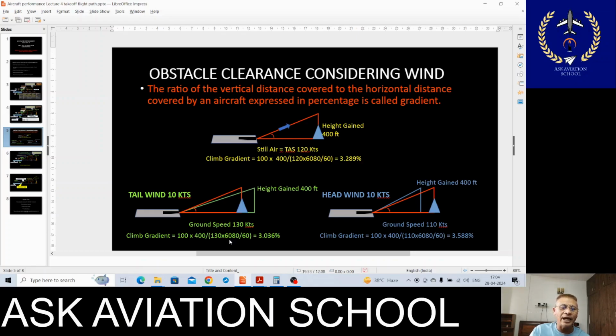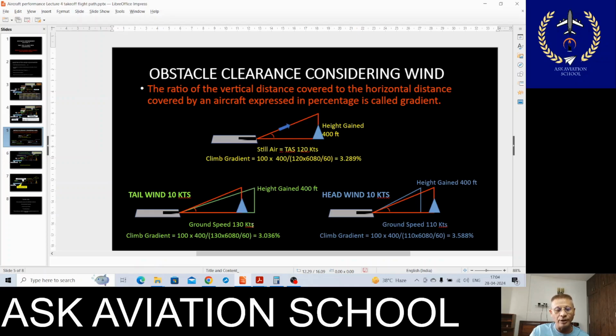Now let's consider that the aircraft is having a tailwind of 10 knots. The height gain achieved still is 400 feet. However, because of the tailwind of 10 knots, my ground speed with a TAS of 120 will now become 130 knots.